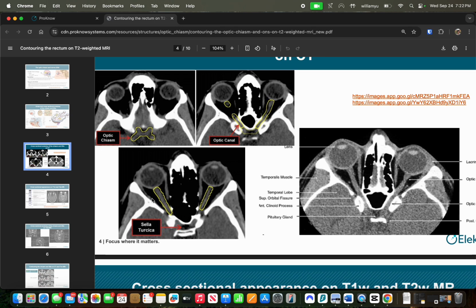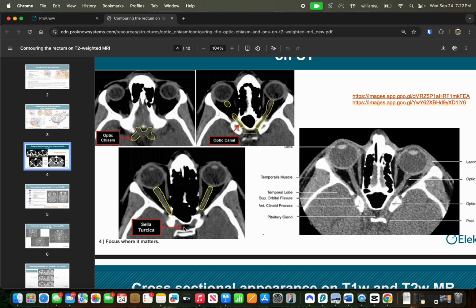And on this picture, I'm assuming it is a more inferior slice because we are not seeing any optic chiasm. We've gone so far down that we're at the sella turcica.